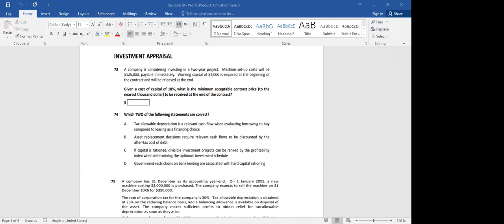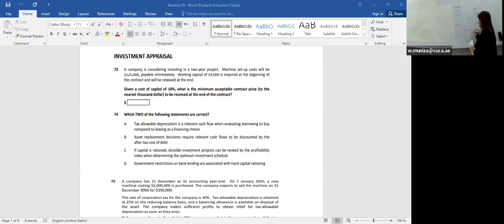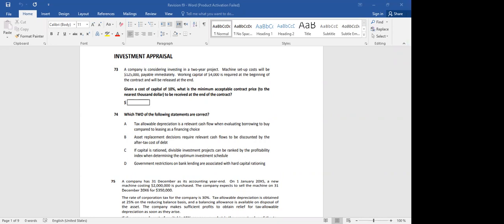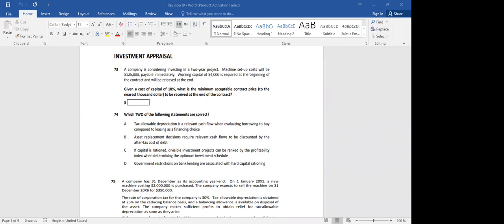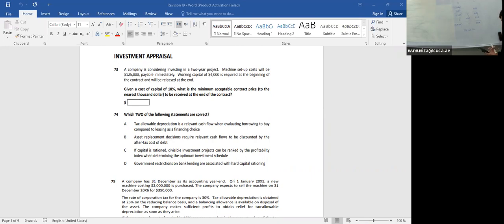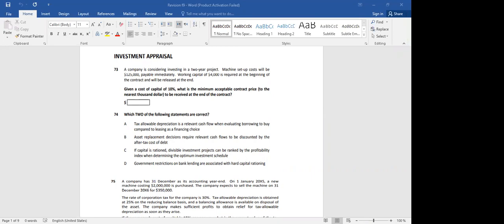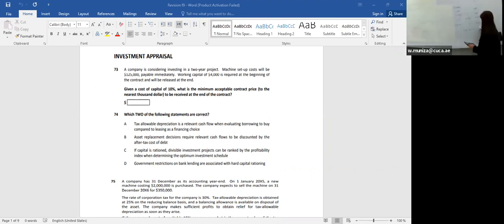So our net cash flow is how much, Angelika? 3,304, and the negative value is how much? 129,000 minus 3,304. Yes, it's negative 125,696.